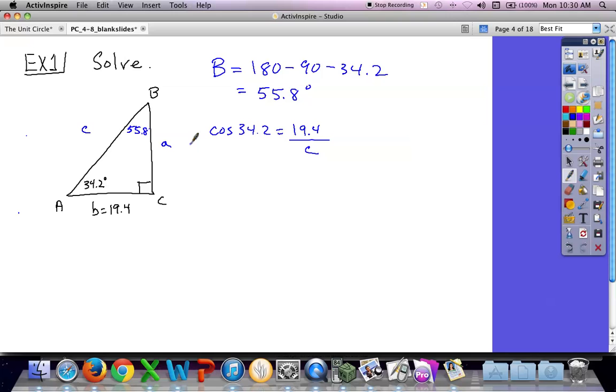Solve for C. Okay, multiply both sides times C, divide by cosine of 34.2. C equals 19.4 divided by the cosine of 34.2. Make sure you're in the right mode. 19.4 divided by cosine 34.2.